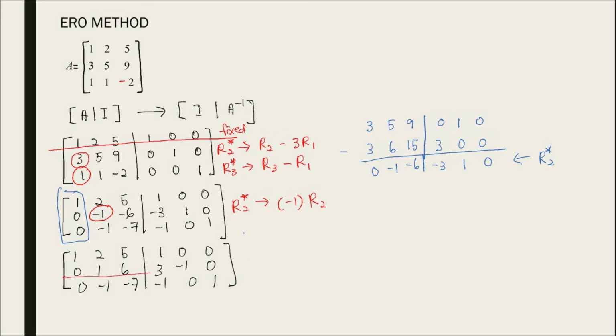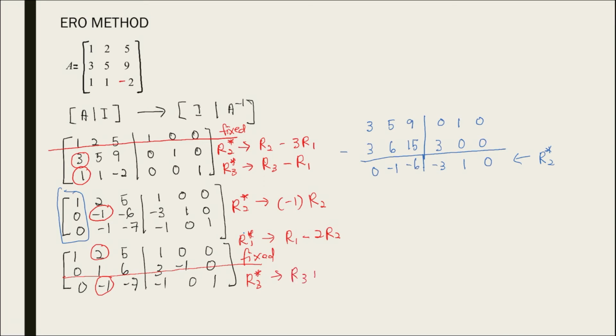So I'm going to fix the second row. So we're going to fix this. So I'm going to change the number at the top and bottom. So 2 should be 0 and negative 1 should be 0. Row 1 new. How do we make 2 into 0? It is 2 minus 2, right? So to make 2 minus 2 is row 1 minus 2 times row 2. How about negative 1? How do we make negative 1 into 0? Should be negative 1 plus 1.